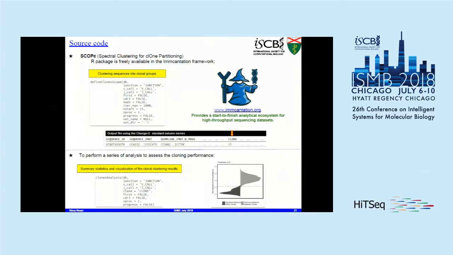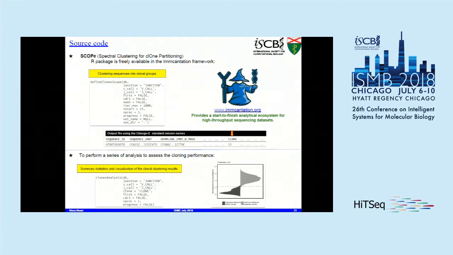We have developed this function, and it's freely available on the Immcantation website. You can find it and install these tools easily, and it is an R package. You can use the defineClonesScope function. You just pass the data and tune some parameters, and it will return the data in the Change-O standard format, which everyone has to use.